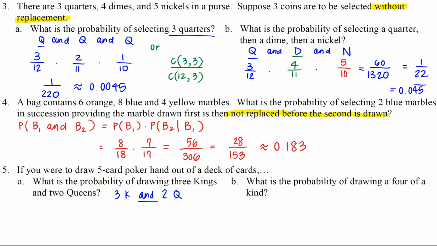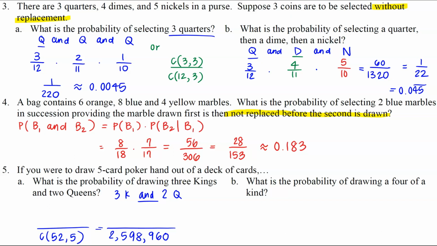Well, how many different ways can I get a 5-card hand out of the total 52 cards in my deck? That would be the combination of 52, 5. Of the 52 cards in my deck, how many ways can I select 5 of them? That would just be my denominator. And there are a total of 2,598,960 different ways to get a 5-card hand.